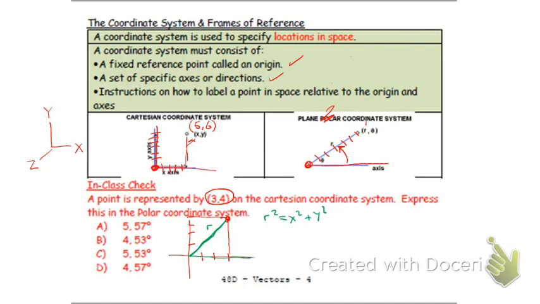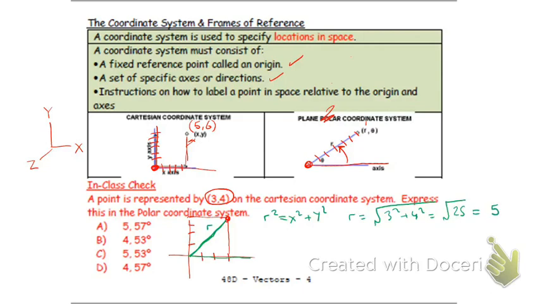How do I know that? What am I looking at on my diagram that says, oh yeah, you can use Pythagoras on that? I'm looking at a triangle. It's a right triangle, so I can use Pythagoras. So R is equal to the square root of 3 squared plus 4 squared, which equals the square root of 25, which equals 5.